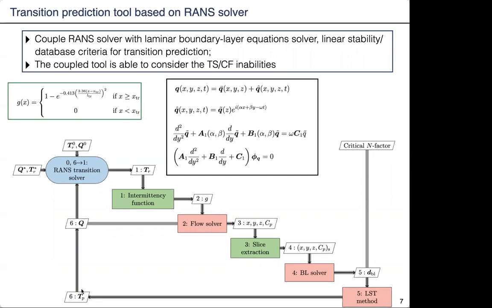Then the updated transition locations are returned to the flow solver by using an intermittency function. These two systems iterate until both the transition locations and the flow state variables are converged.